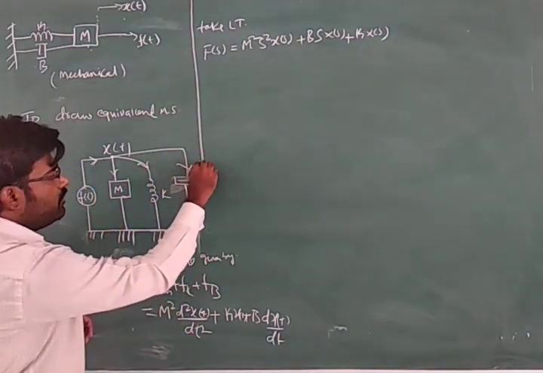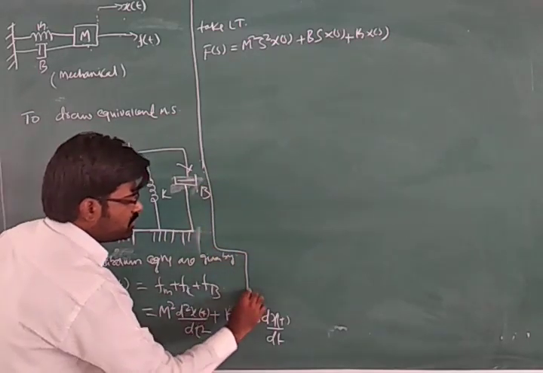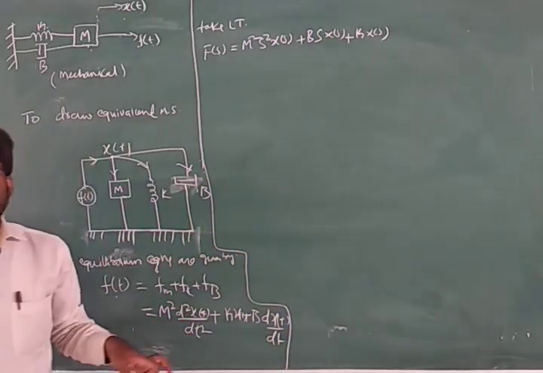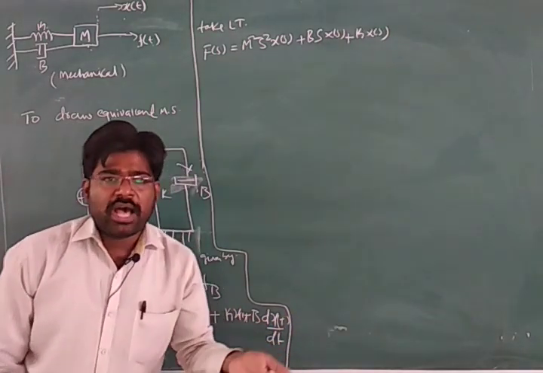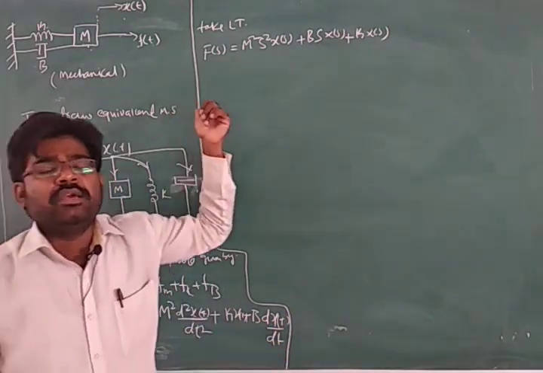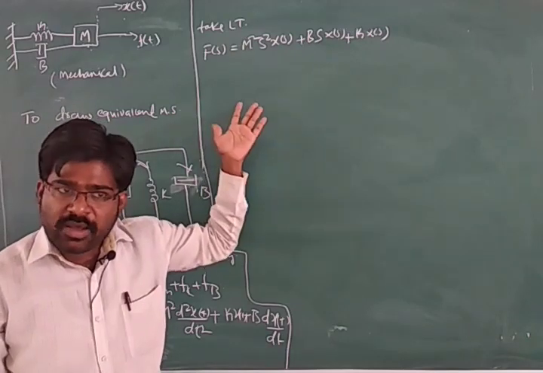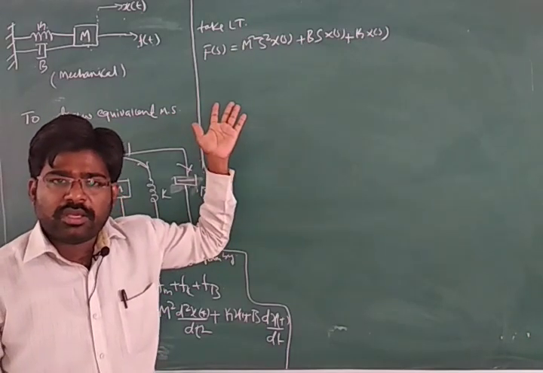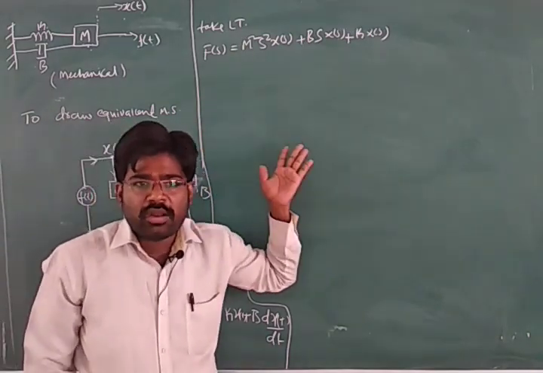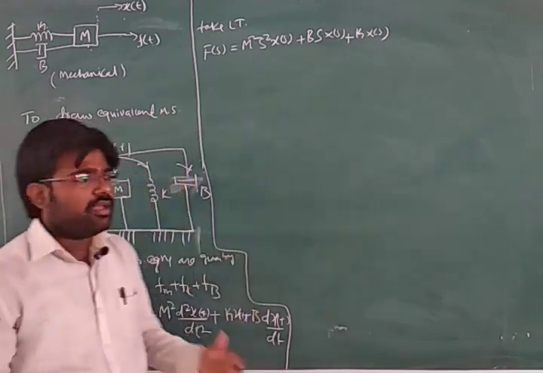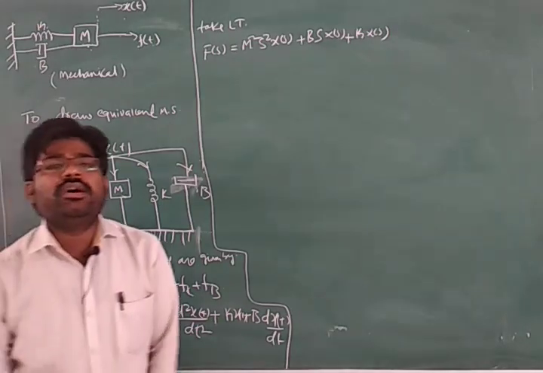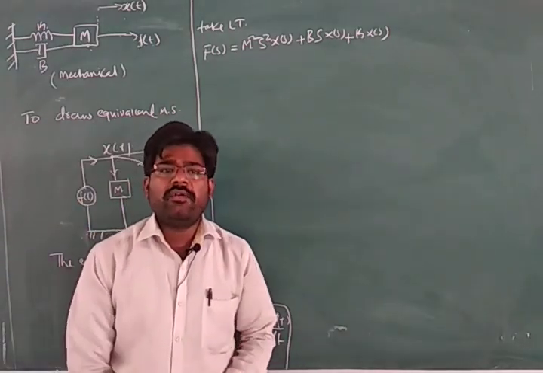This is how we have to solve the problems. Any given problem we have to solve like this. Understood? So whenever any problem is given to you and they ask you to write the equivalent mechanical model of the system, and also write the equilibrium equations, how to do the problem? First we have to draw the equivalent system.